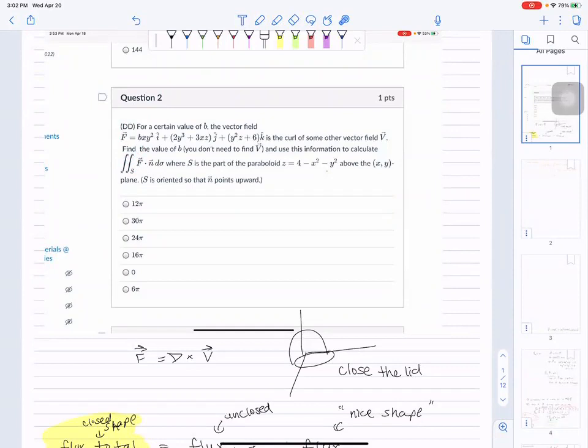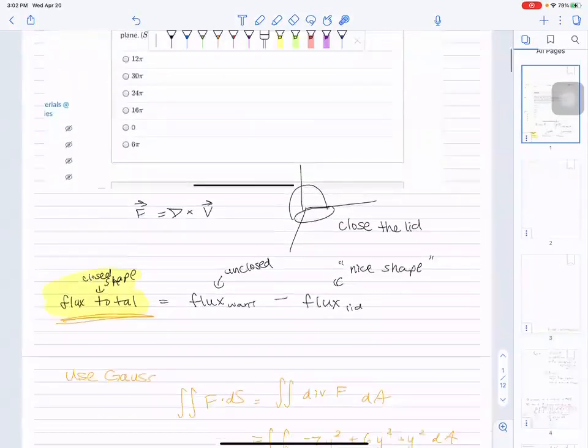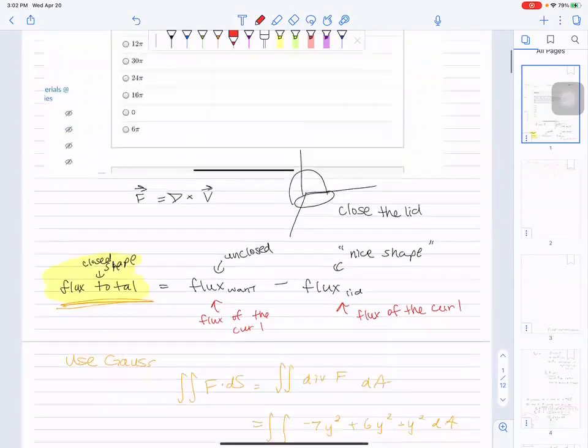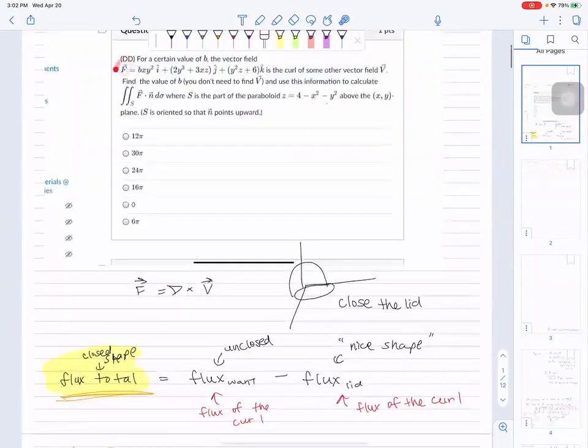Again, because for Stokes, we're trying to find the flux of the curl itself. For each of the ones, we're trying to find the flux of the curl, because we're trying to find the flux of capital F bar, and F bar is the curl of something.